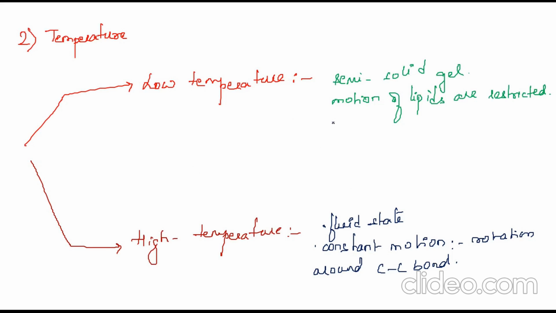At low temperature the fatty acid chain will be long and the degree of saturation is more. At high temperature the chain will be short and the degree of unsaturation more. I'm sorry guys, I wrote it opposite.